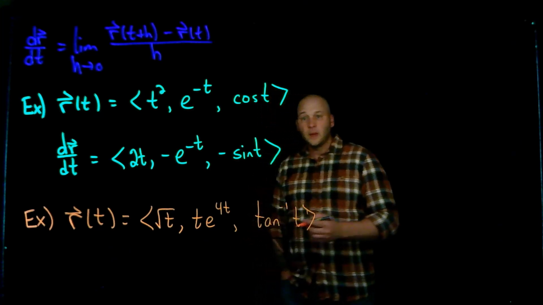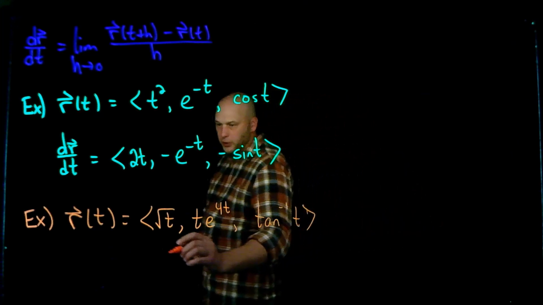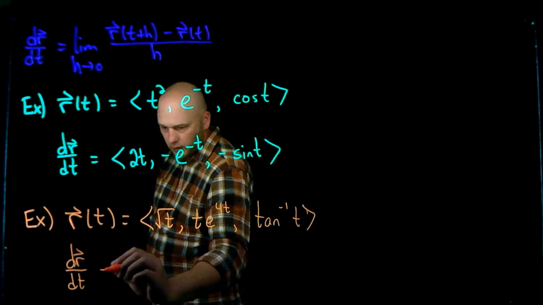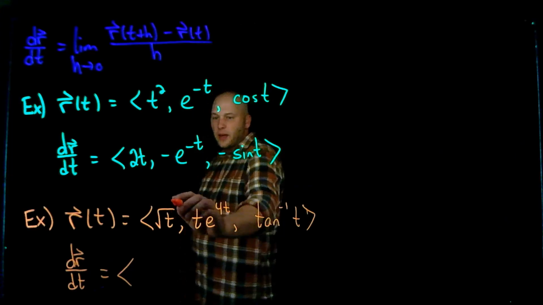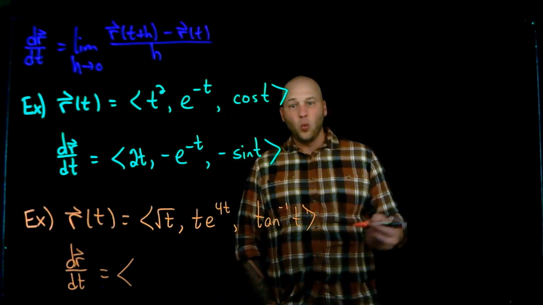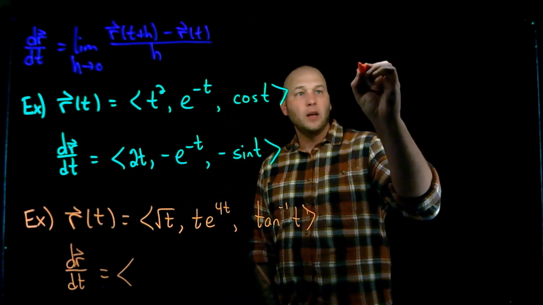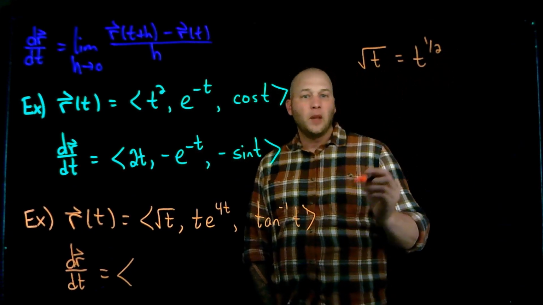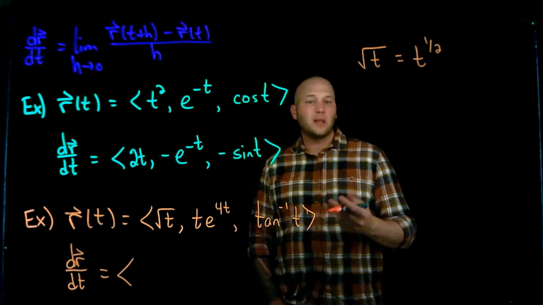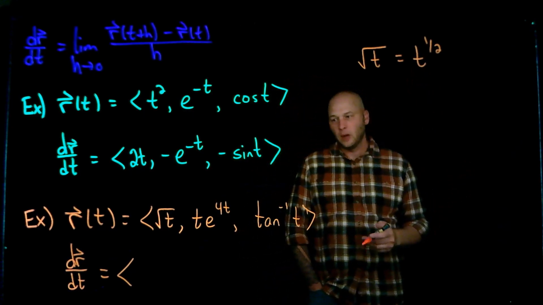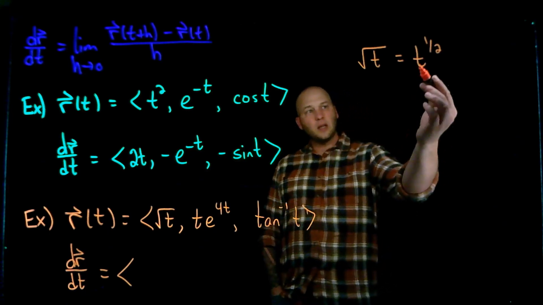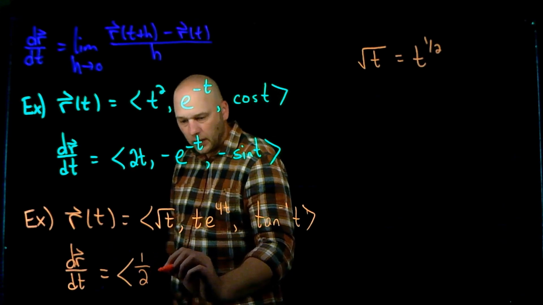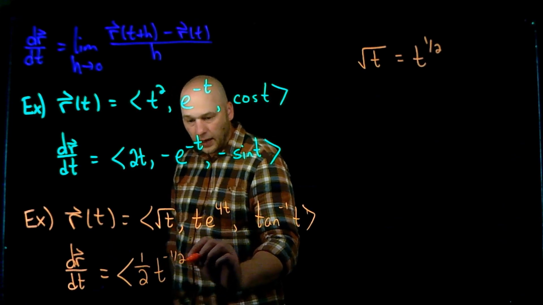Compute the derivative of this vector function. dr dt is equal to, well, remember that the square root is the same thing as the 1/2 power, so off to the side here, the square root of t is the same thing as t to the 1/2. The reason we want to think of it this way is because then we just reason through the power rule. So its derivative would be 1/2 t to the negative 1/2.